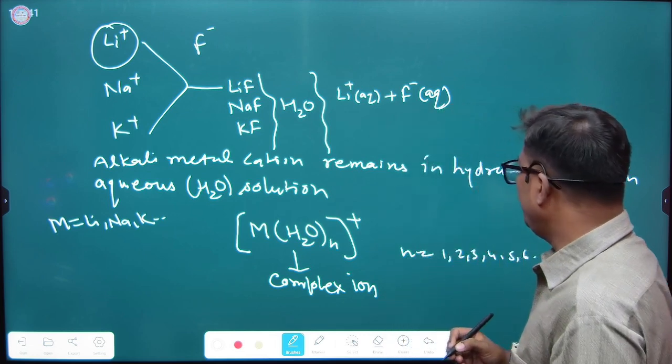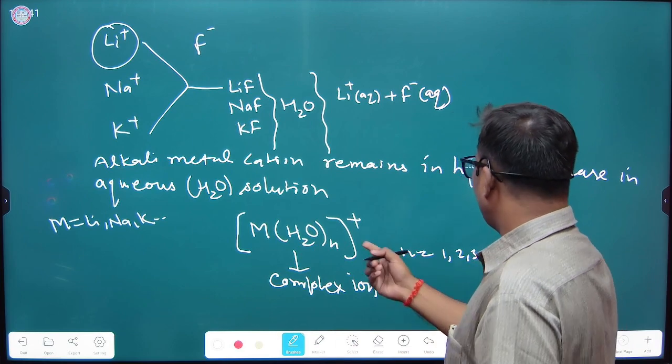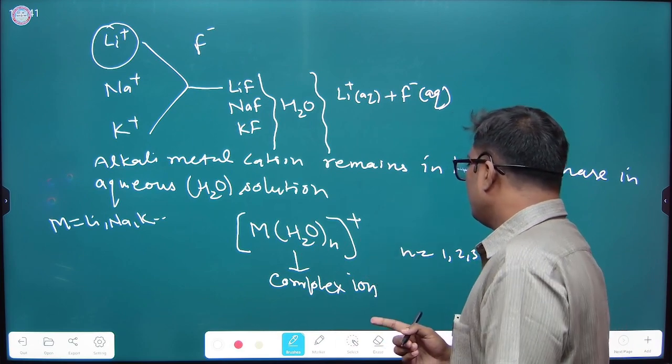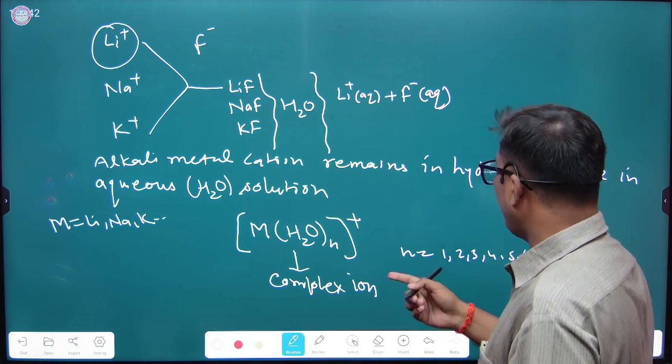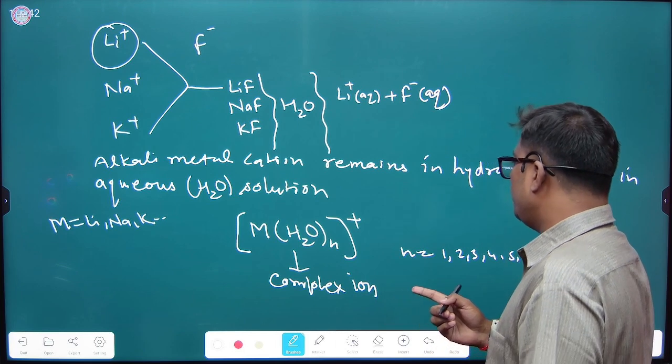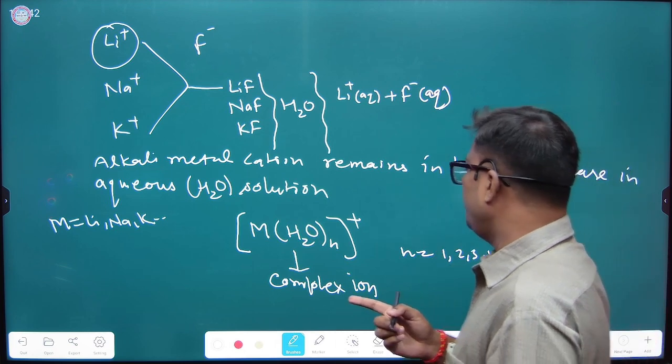Depending on the nature of M and the number n, the resultant complex ion and its geometry are decided. That will be discussed later.